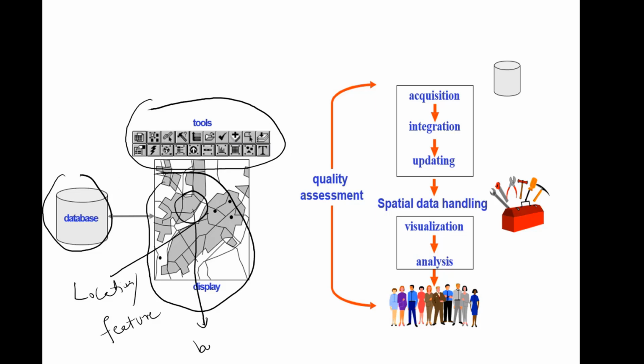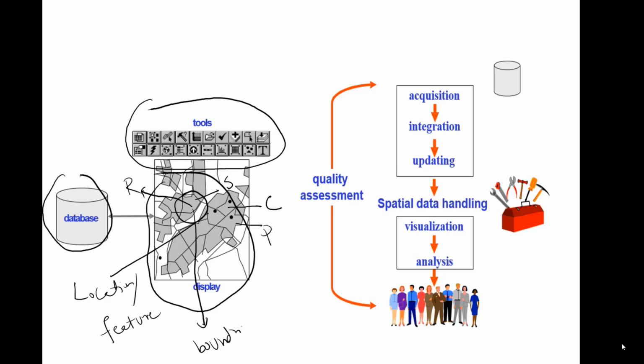So, the boundary of each parcel. For example, that specific parcel is related to recreation, that specific parcel is related to school, this is commercial activity, and this is a playground. So each and every parcel, location, or feature changes according to the land parcel.